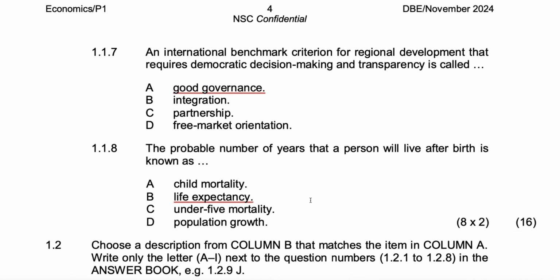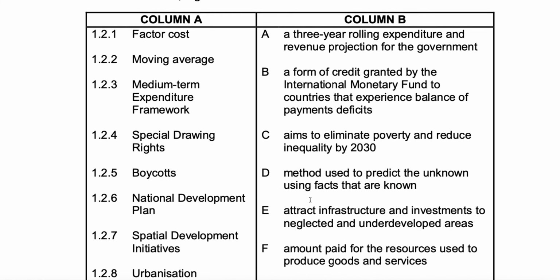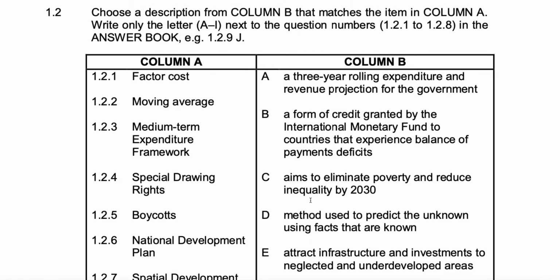All right, let's move on to 1.2. So 1.2 is column A and B. And here, you use what we call the elimination method. But here's how I do it to avoid going back and forth, because time can be wasted in 1.2 reading. So if you read this, then you come and look for it here, you will waste a lot of time.